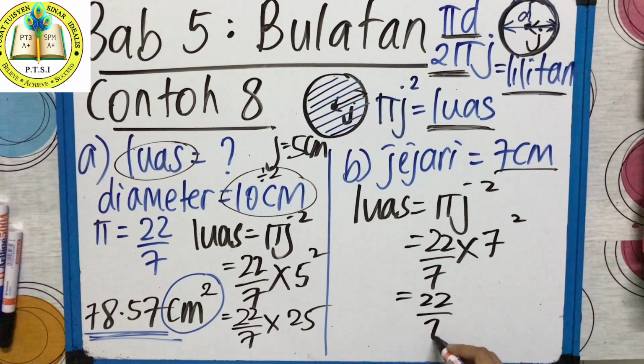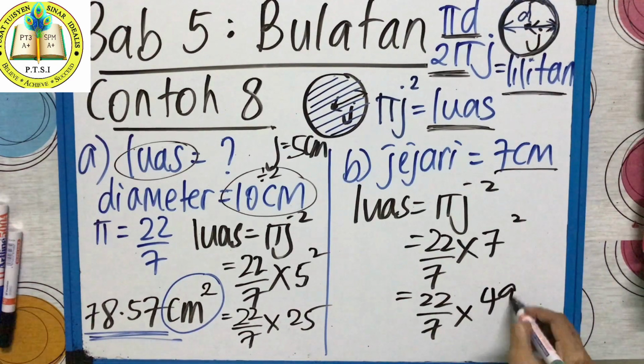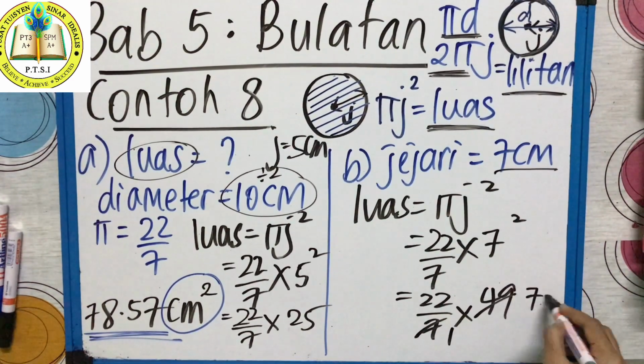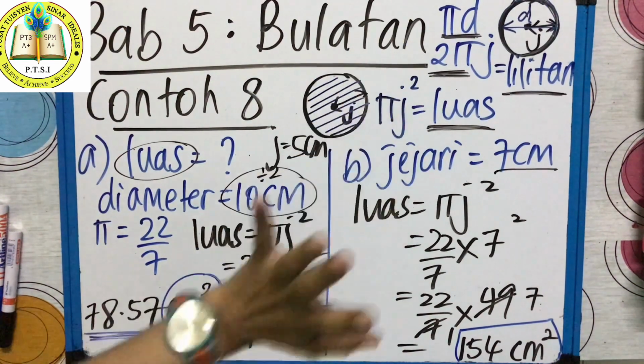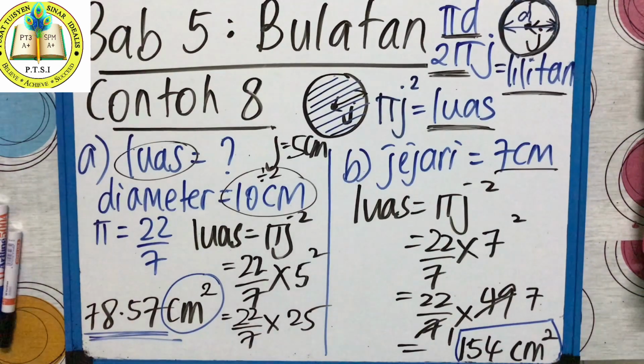So 22/7 times 49. This one you can cut, right? So tekan calculator. Berapa kamu dapat? 154. Unit is what? cm kuasa 2, cm persegi, cm square. So this will be your answer. So remember class, what is the formula for area circle? Pi j square. Or in English, pi r square.